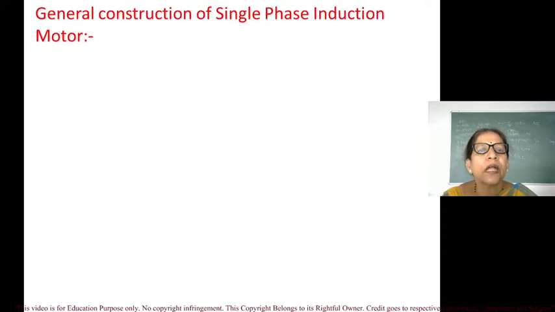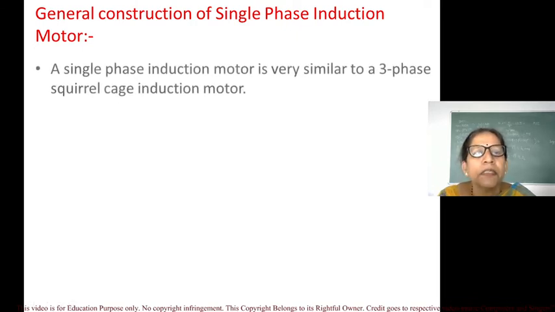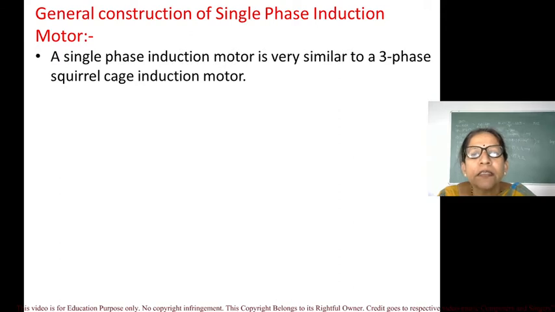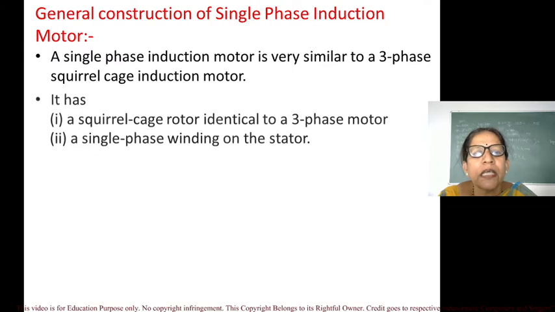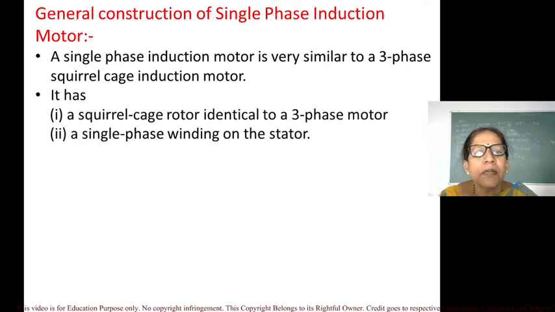To start with the first point, we will discuss the general construction of single phase induction motors. That means we will see what the different parts of the motor are and how they are placed inside the machine. A single phase induction motor is very similar to a three phase squirrel cage induction motor. Just like a three phase squirrel cage induction motor, it has some constructional similarity.